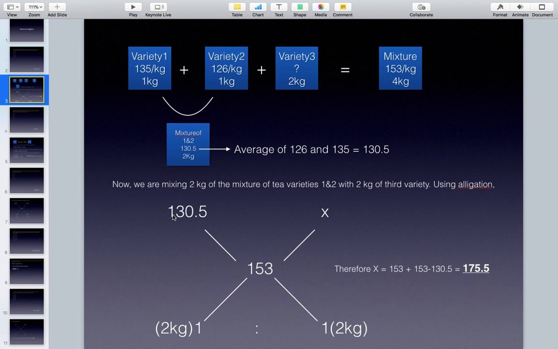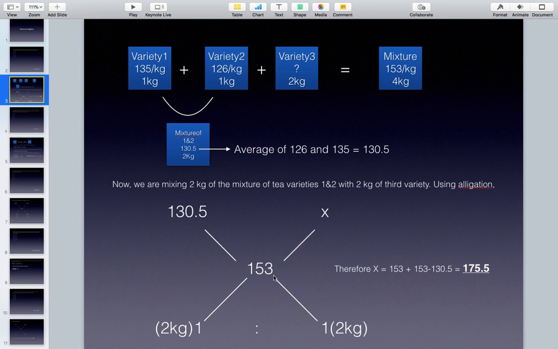In here, we have 2 kg of the mixture of varieties 1 and 2, and 2 kg of the third variety. So we write this as 2 and 2, which ratio becomes 1 is to 1. And we have written the Cp of the cheaper, that is the Cp of the mixture of variety 1 and 2, 130.5, mean price 153.